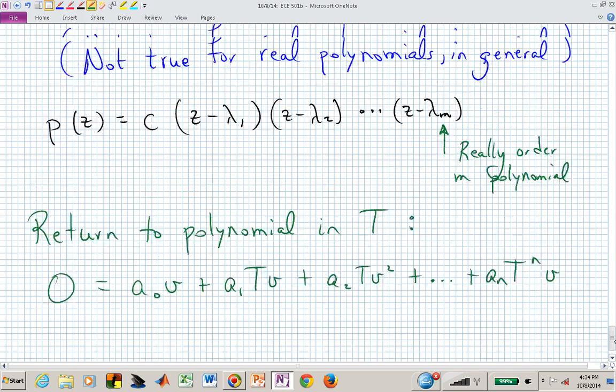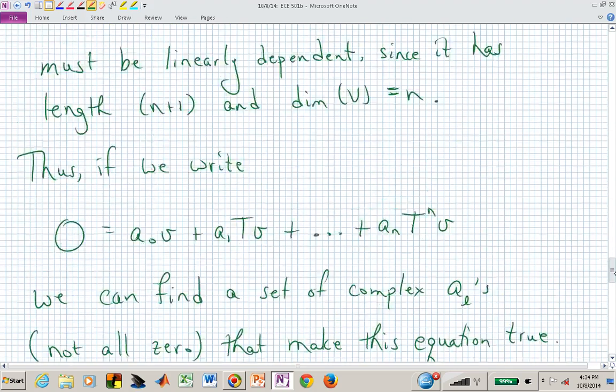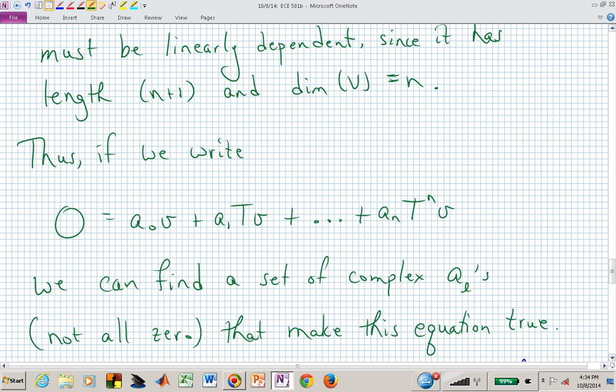So now we're returning, I maybe was misleading in my discussion. Let's just rewrite this polynomial here. So now we know this, we found complex coefficients that allow this expression, this polynomial in our operator t, to be 0. Let's now just go back to that for now.